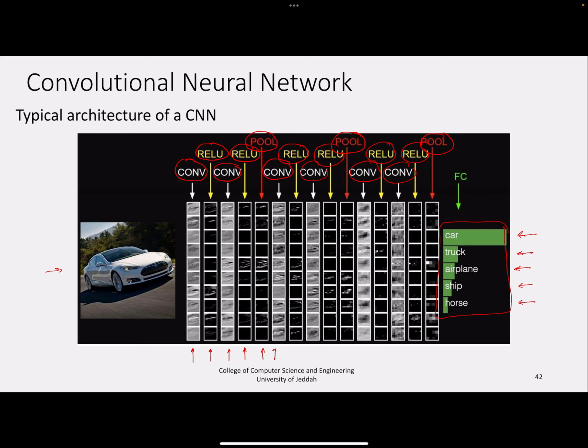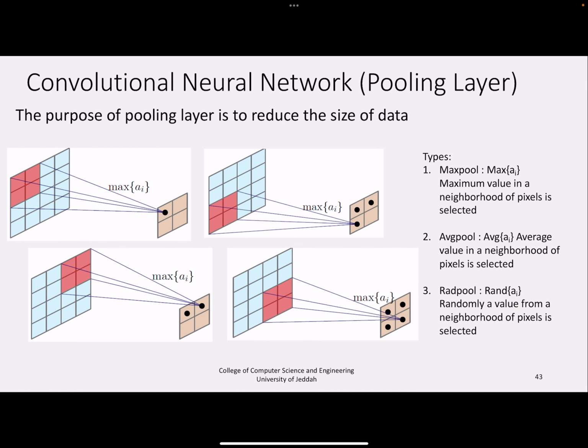So, the pooling layer, the name appeared once before, still haven't talked about it. The purpose of a pooling layer is to reduce the size of data. And this is how it works. Pay attention over here. It's basically a filter, and you can see this one over here is of size 2 by 2.